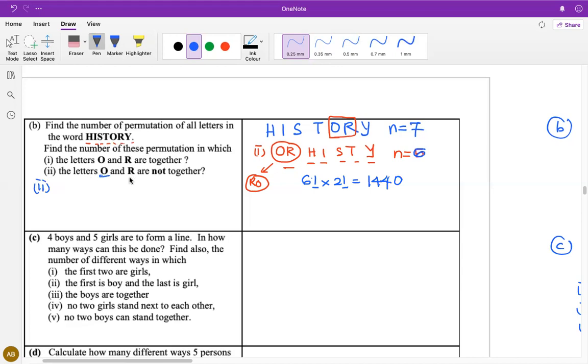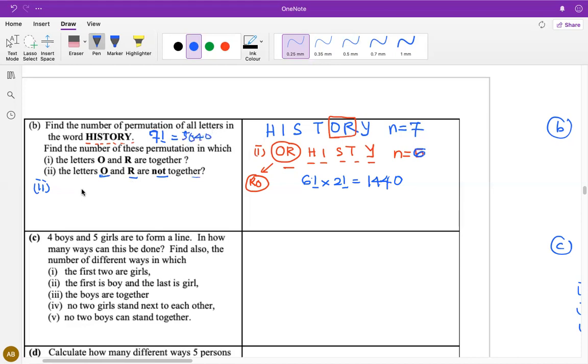Then number 2, if the O and R are not together, there are 2 ways to solve. One is to find the total number of permutations, that means 7 factorial, which is 5040.